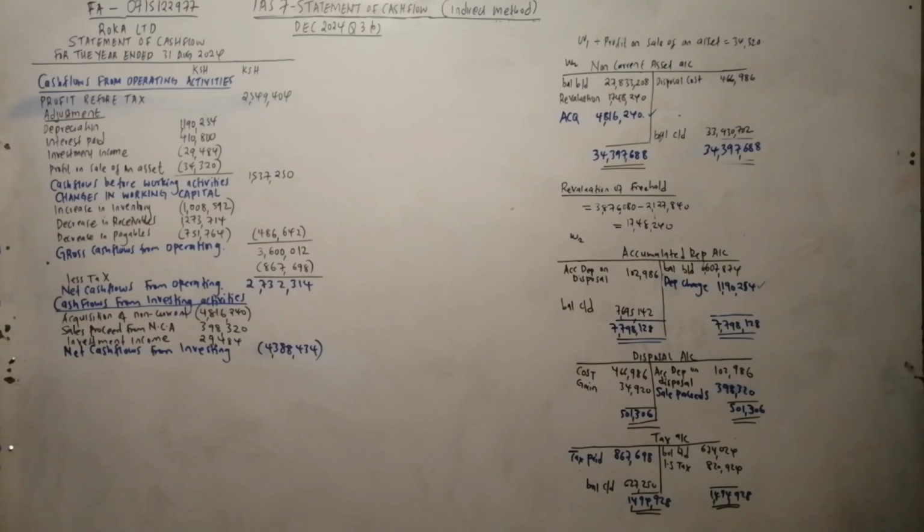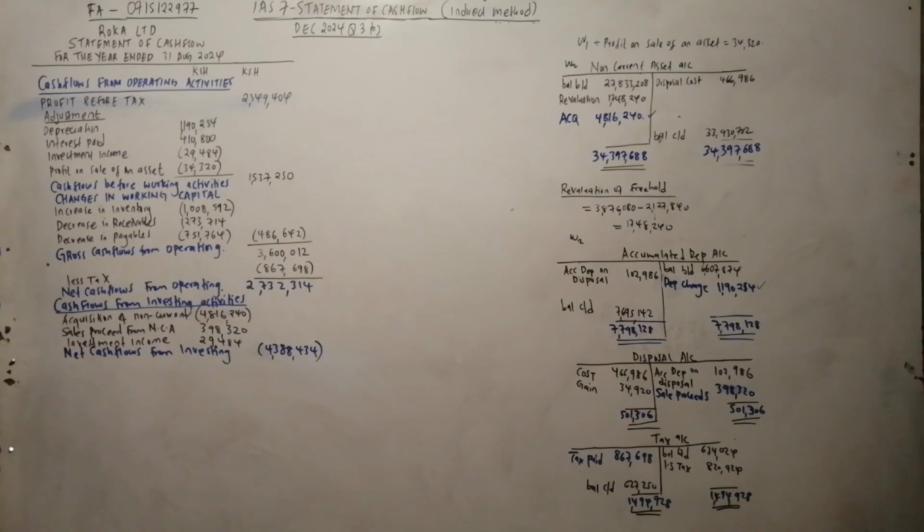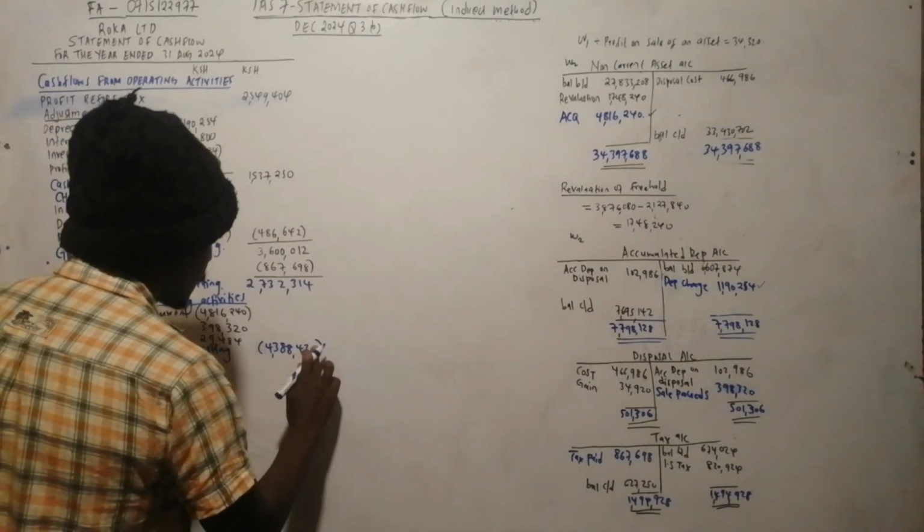So 398 320. Let me add again. So minus 4816 to 40 plus 398 320 and then plus 29 484. It's supposed to be 436.